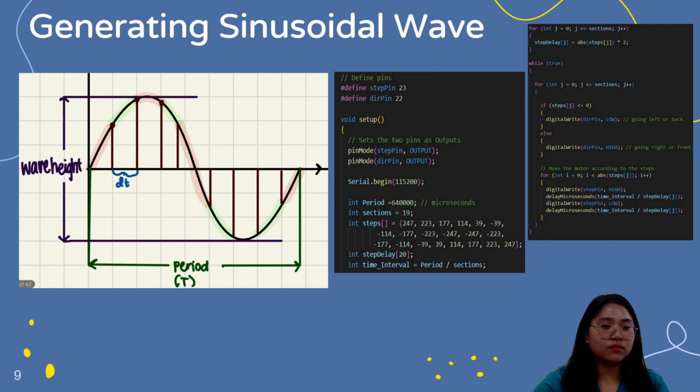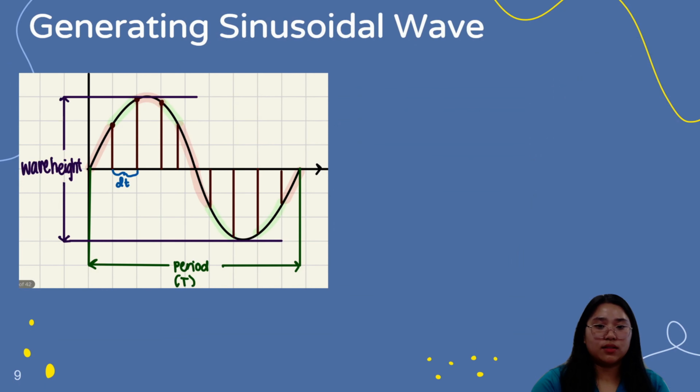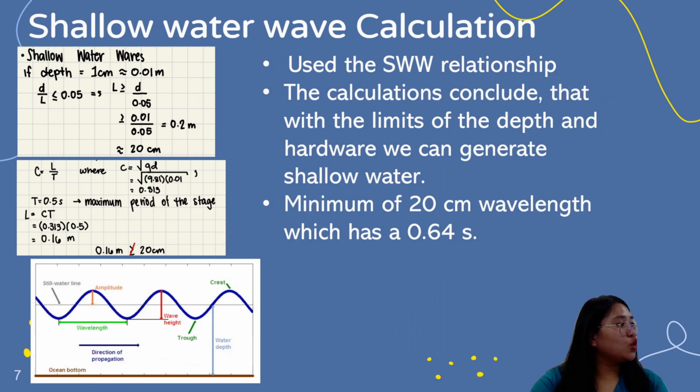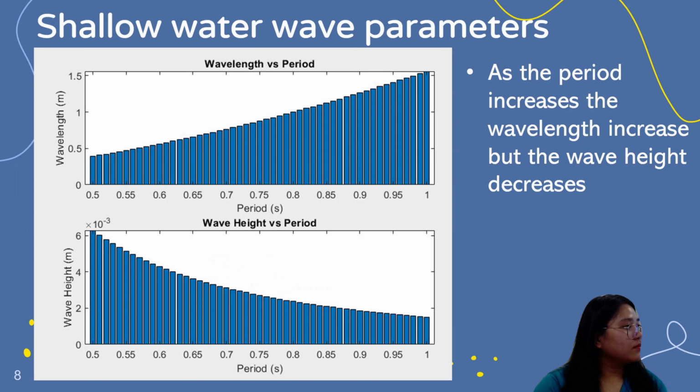Can you go back a few more steps? Back? Yeah, back. Keep going. Okay, can you stop on 8? So on this one, you said the wavelength is increasing with period, and the wave height is decreasing with period.